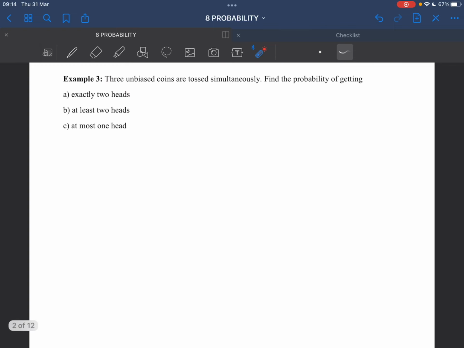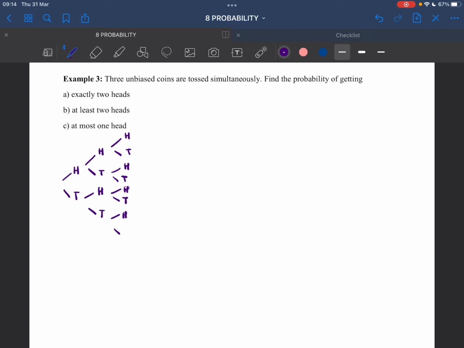So what we have to do here is the first one, you get head, tail for the first toss, and then we go head, tail for the second toss, head, tail for the second toss, and the last one, head, tail, head, tail, head, tail, and head and tail.